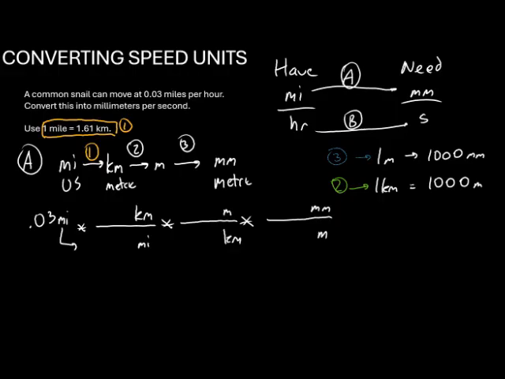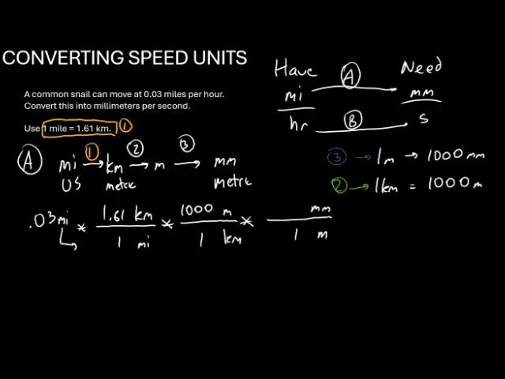Let's have a look at our step 1 unit conversion information. Inside of the box that I've labeled for step 1, we have 1 mile is 1.61 kilometers. I'll place 1 next to miles and 1.61 next to kilometers. Then for step 2, which I've labeled in green here, 1 kilometer is 1,000 meters. 1 must go next to kilometer, 1,000 goes next to meters. Then for my final step, which I've labeled with a blue 3, 1 meter converts to 1,000 millimeters.